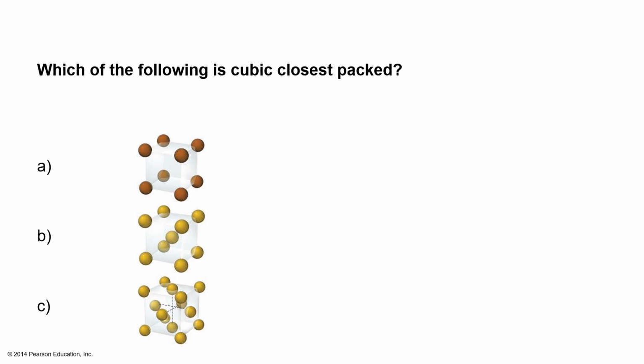Which one is closest packed? Well, our closest packed is going to be the one that has the most atoms inside the cell. And so this is going to be our face-centered cubic unit.